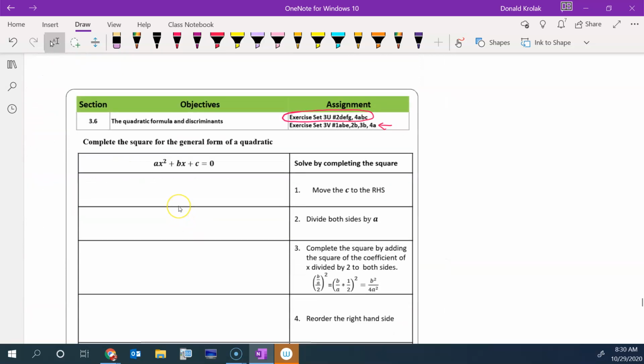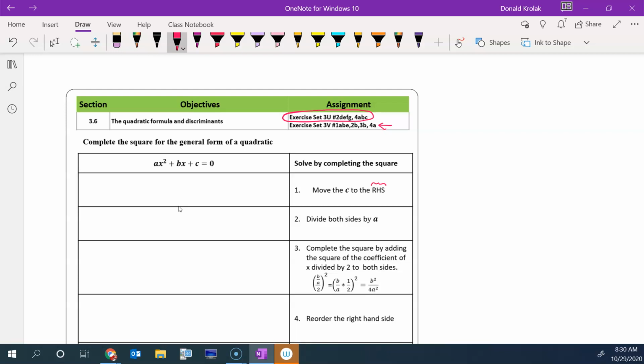All right, so when you complete the square, the first thing that you do is you move the constant to the other side. So over here, I'm giving you the instructions. RHS just means right-hand side.